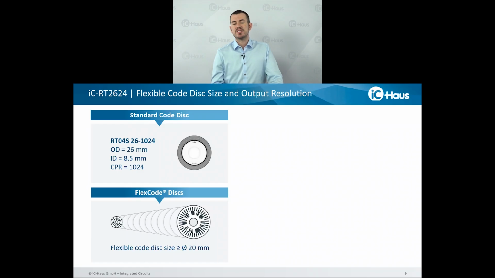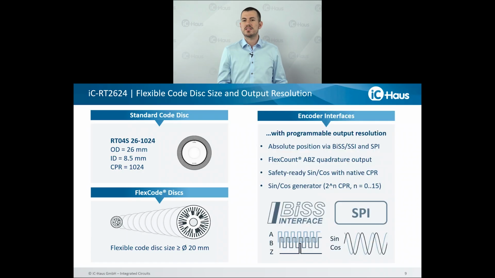Of course, when you scale the code disk of such a system, it's a fixed pitch system, so the line width is not changing. There might be some odd CPR line count on the code disk. Yeah, that is not like the classic binary resolution that you would expect from a code disk. That does not matter at all. So all the encoder interfaces are freely programmable.